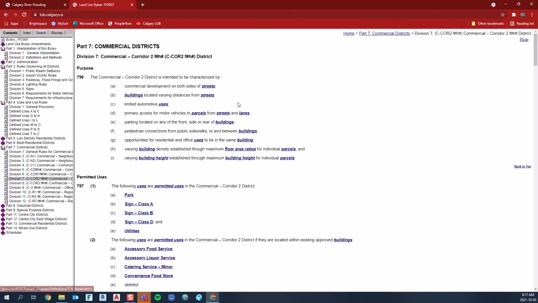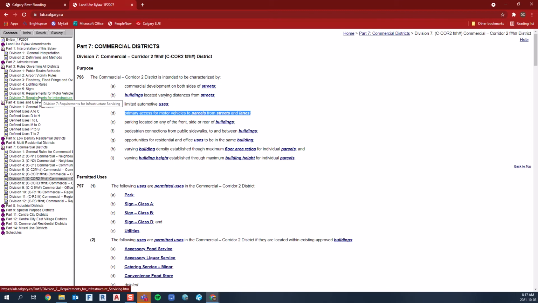As opposed to that, if you go to C-Core 2, it tells you the opposite. Parking can be located on any side of the building, and its primary access is from the streets or lanes. So anyways, those are those rules. And the rest in here is just similar stuff, other districts and things like that.